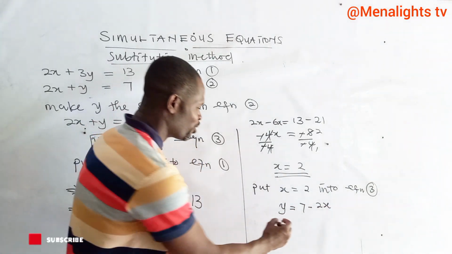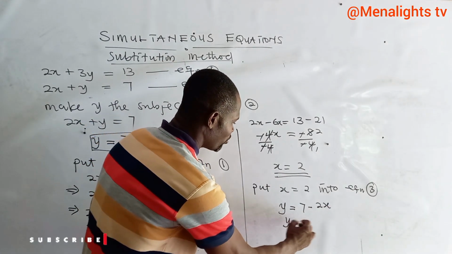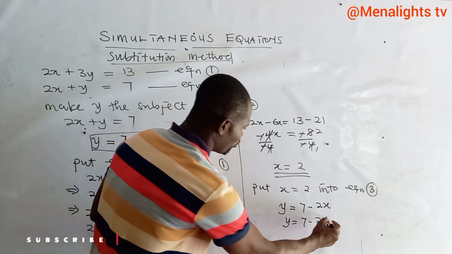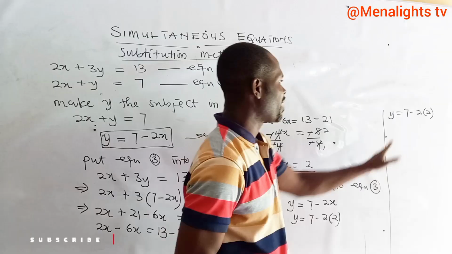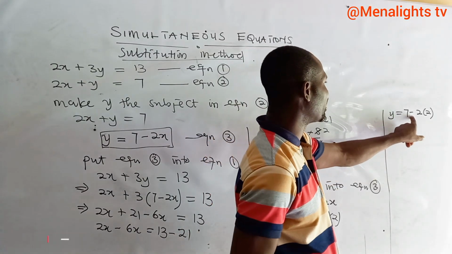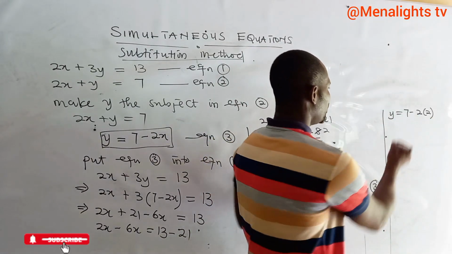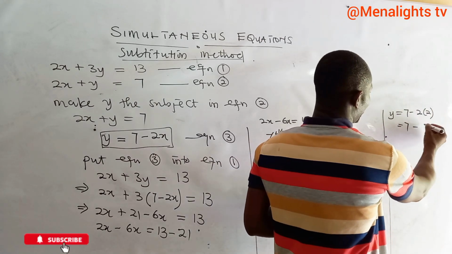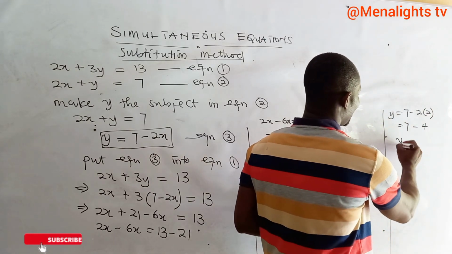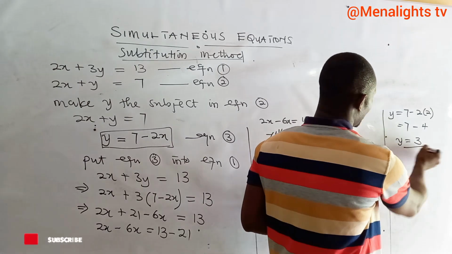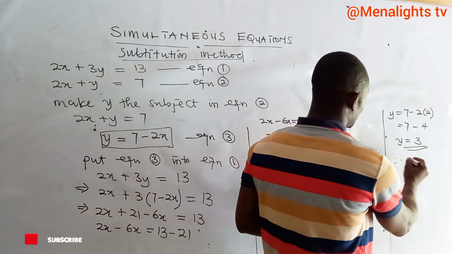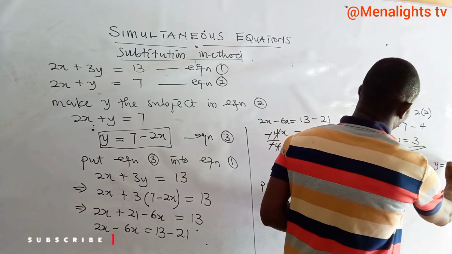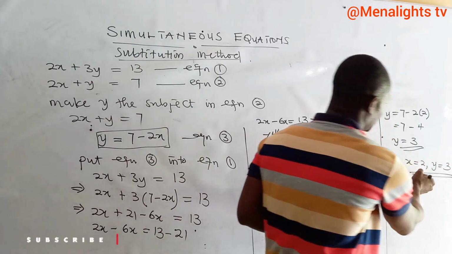The 2 there. So that means our y is equal to 7 minus 2 into bracket, the value of x is 2. We have the y, which is equal to 7 minus 2 into bracket 2. So that will be 7 minus 2 times 2 will give us 4. So y is equal to 3 there. So therefore, x is equal to 2 and y is equal to 3.